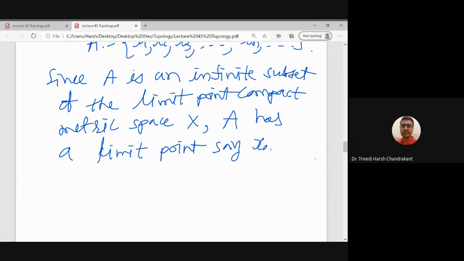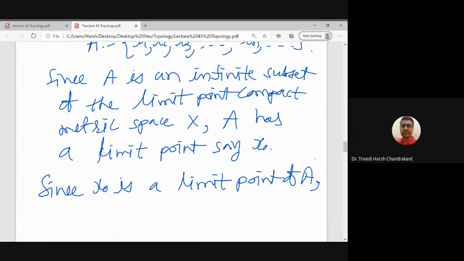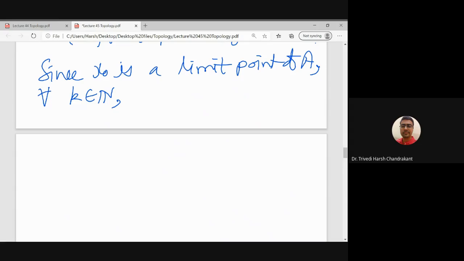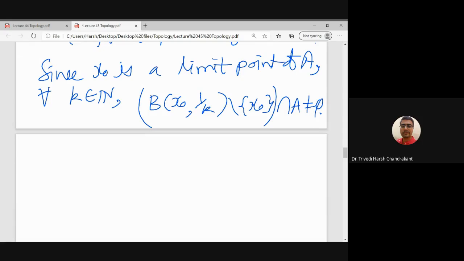So since x naught is a limit point of A, for every k belongs to N, the ball B(x naught, 1/k), which is a basic open set centered at x naught, minus the point x naught, will intersect with the set A. So since x naught is the limit point, this intersection is non-empty. That means it contains a particular element, right?